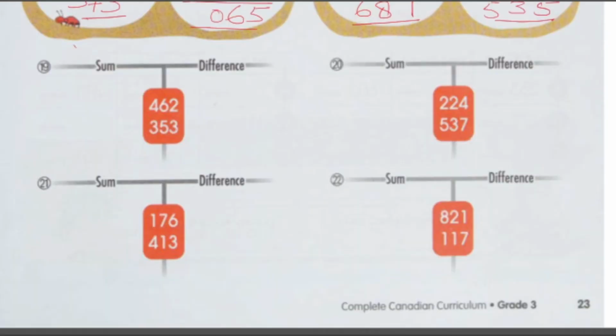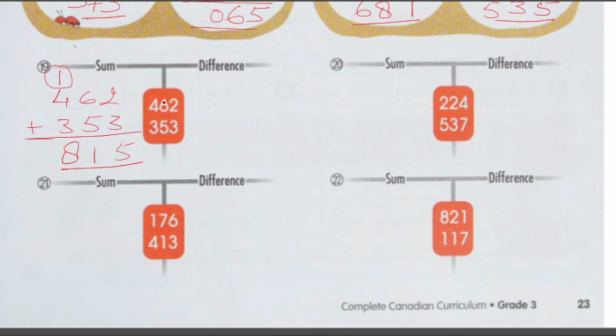Now we have to find again sum and difference. So 462 and 353. 3 plus 2, 5. 6 plus 5, 11, carry 1 forward. 4 plus 1, 5. 5 plus 3, 8. So the answer is 815.